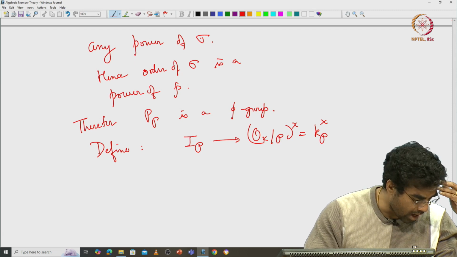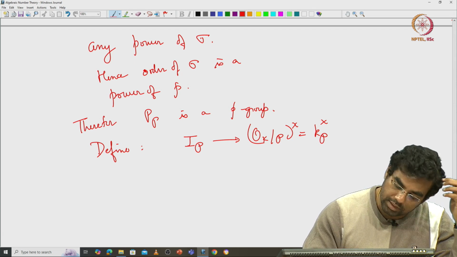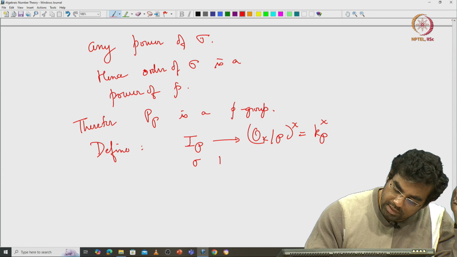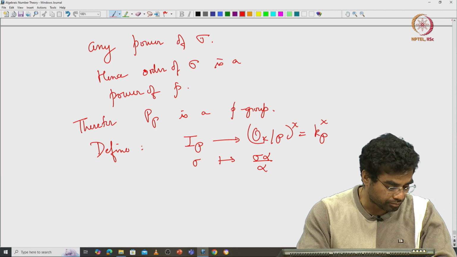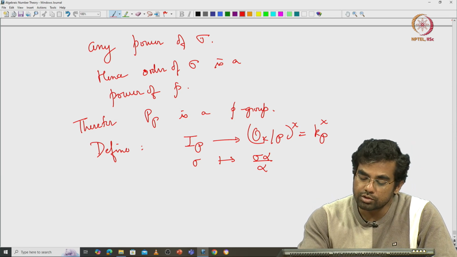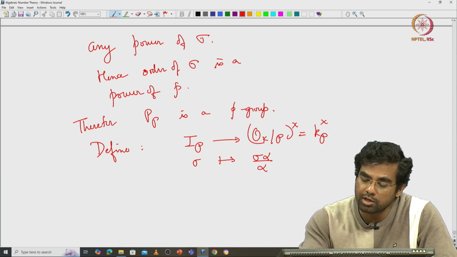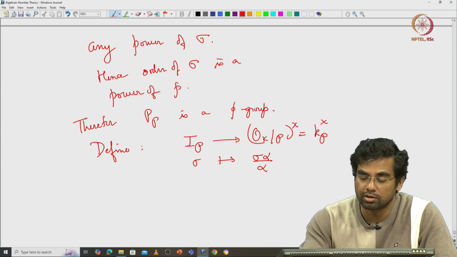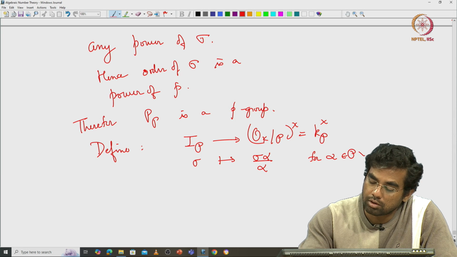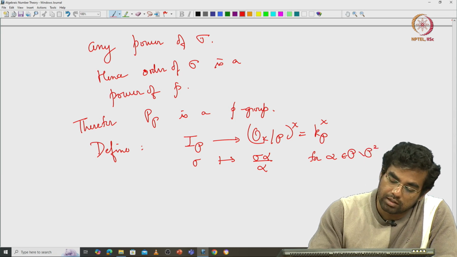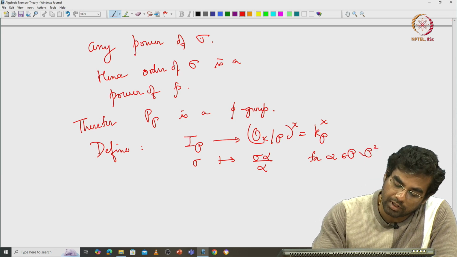What is this map? You fix such an alpha as before and you send sigma to sigma alpha by alpha. Its image in here does not depend on the choice of alpha, as long as you have this.